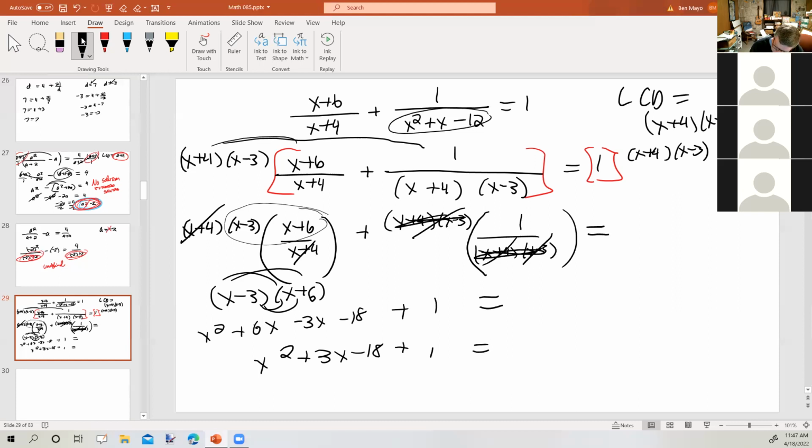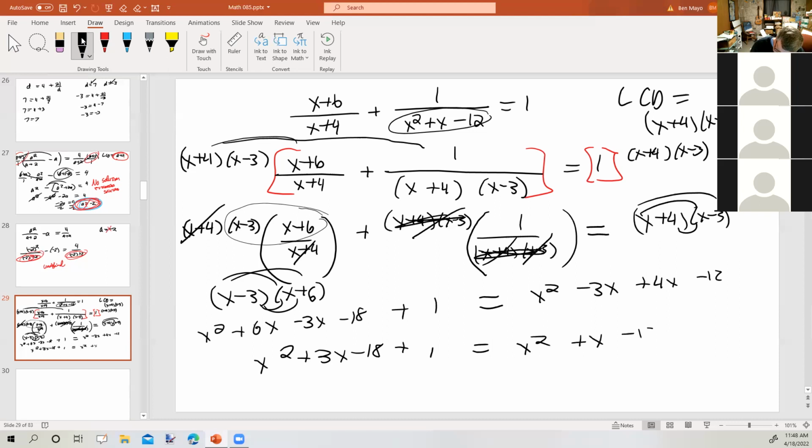Over here, 1 times x plus 4 times x minus 3 is just x plus 4 times x minus 3, which is x squared minus 3x plus 4x minus 12, which is x squared plus x minus 12.